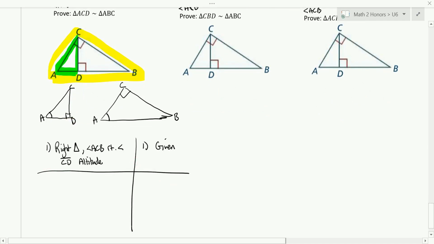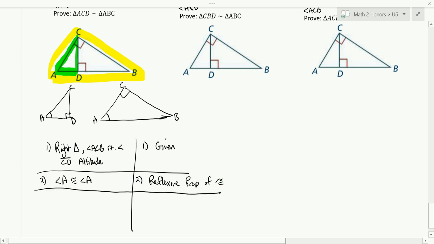So we want to establish angle, angle. So what can we put for step 2? Angle A congruent to itself. Why? Okay.